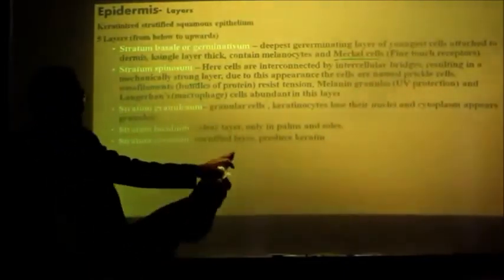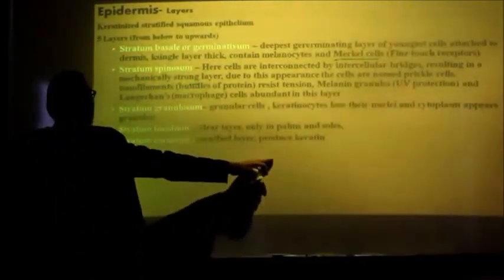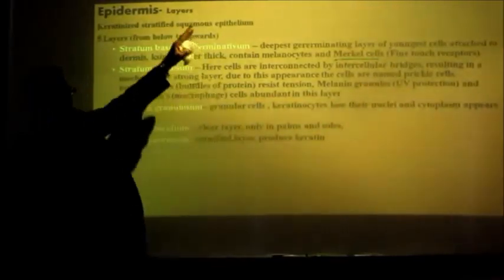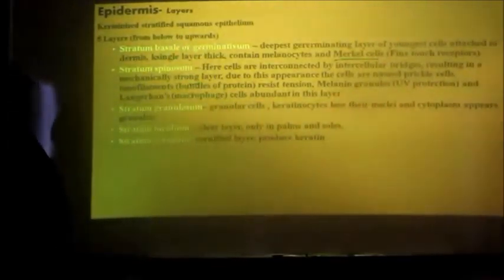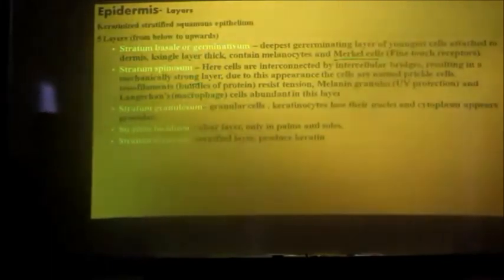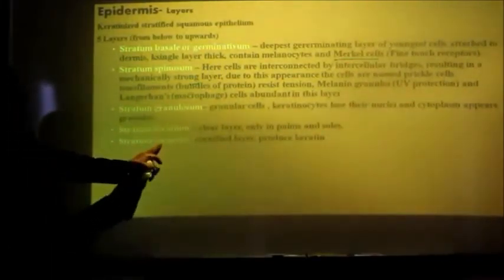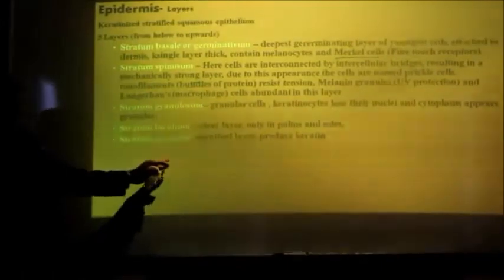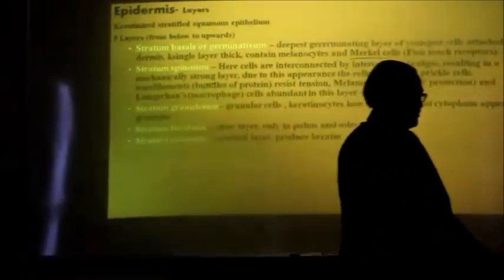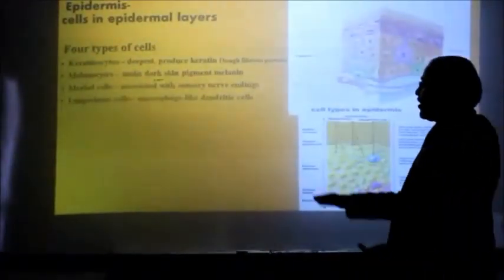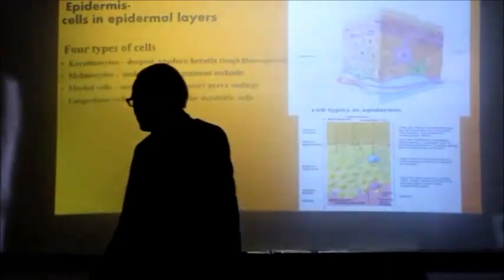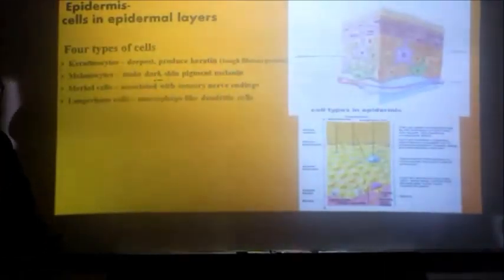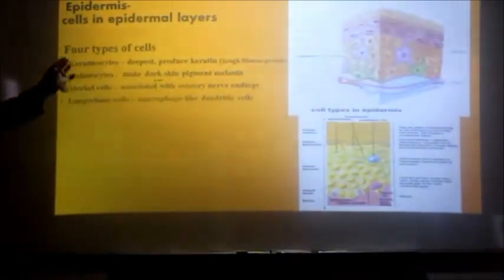The last layer, the most superficial layer, is stratum corneum. Now this layer produces the material keratin, which makes this whole epithelium keratinized squamous epithelium. Now with these 5 layers, the epidermis is made. Now all these layers are composed of different cells.